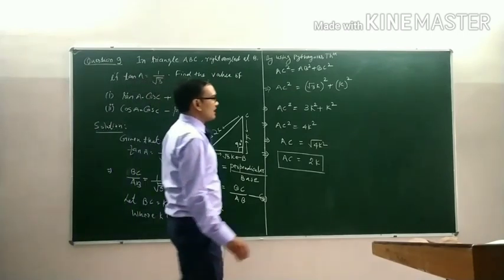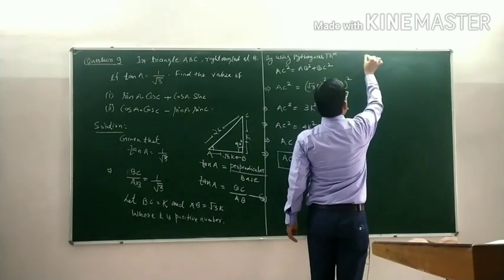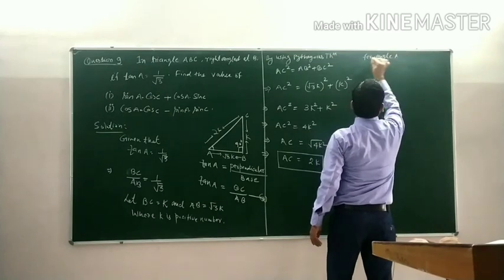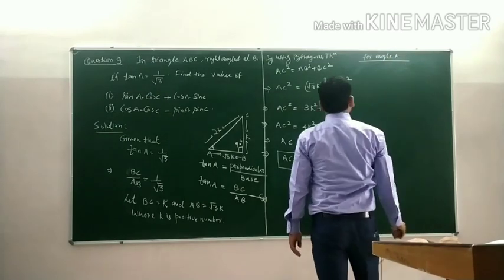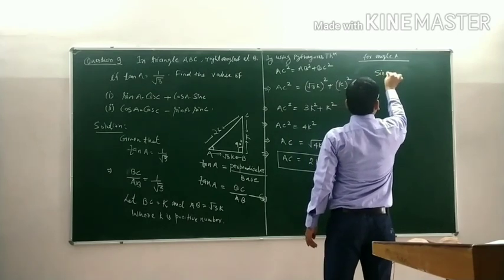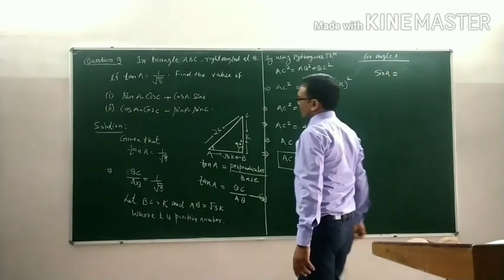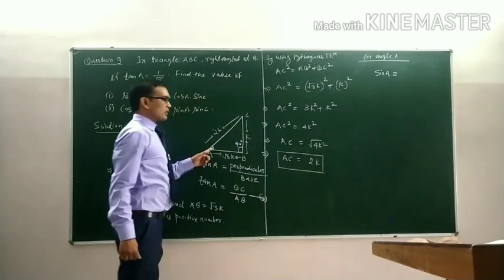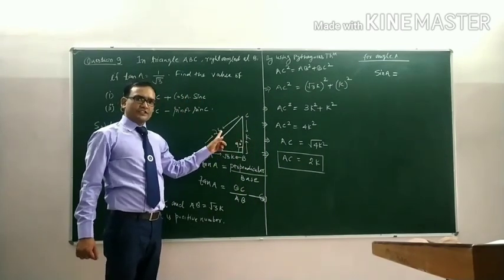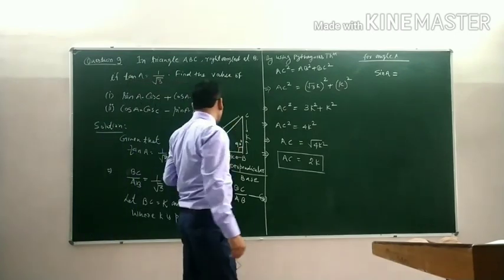Then for angle A, we find sin A. Sin A equal to perpendicular upon hypotenuse, that means BC upon AC.